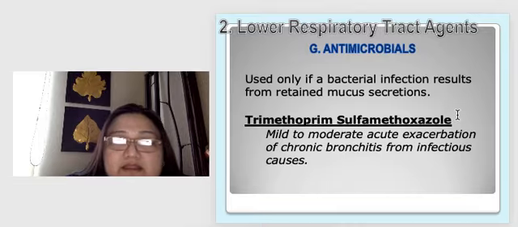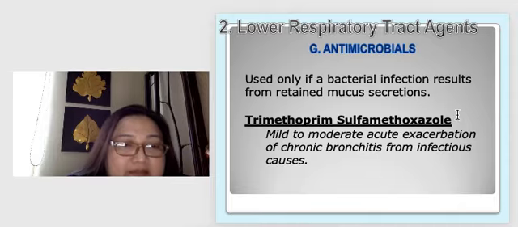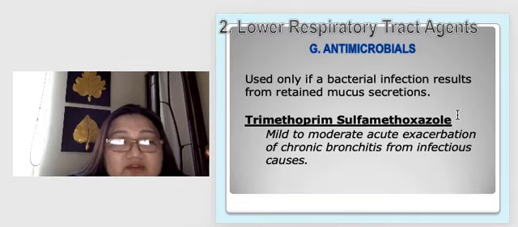So again, if we recall in the anti-infectives, ang trimethoprim-sulfamethoxazole is a sulfonamide. It's bacteriostatic. It inhibits synthesis of folic acid or vitamin B9, kaya hindi ito maaaring ibigay sa mga buntis.